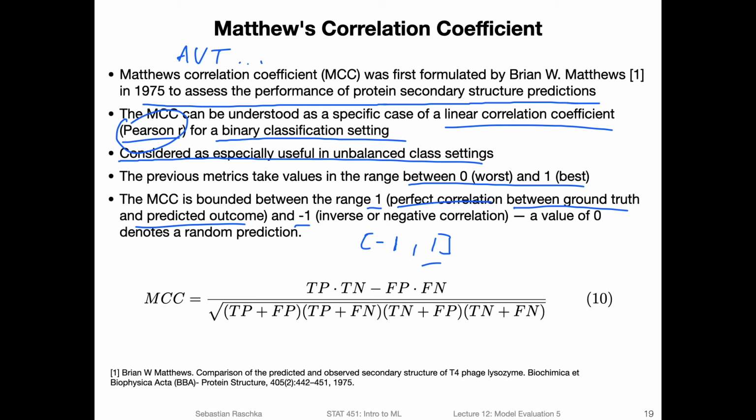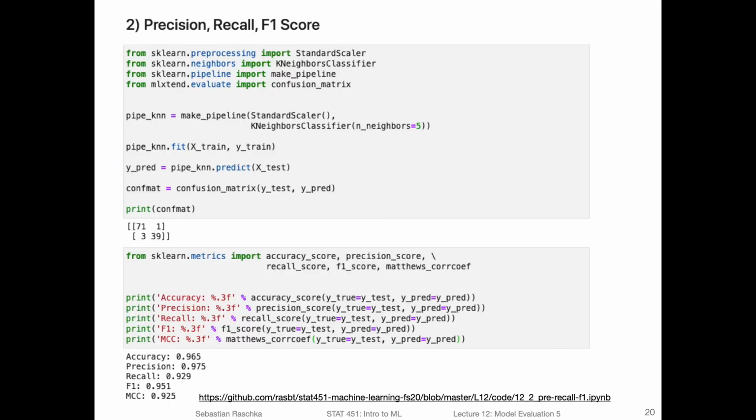And if the prediction is completely random, then you have a value of 0. I think it's kind of intuitive and useful also in practice, just to see how your classifier performs. So for example, if you see that your classifier has a -1 in terms of Matthews correlation coefficient, it might be just useful to flip the predictions, and then you have a perfect classifier. Okay, so that's Matthews correlation coefficient.